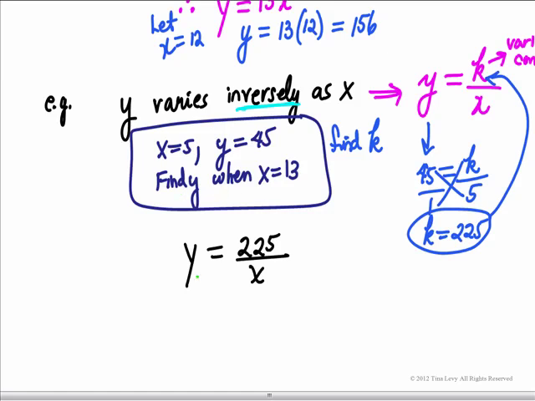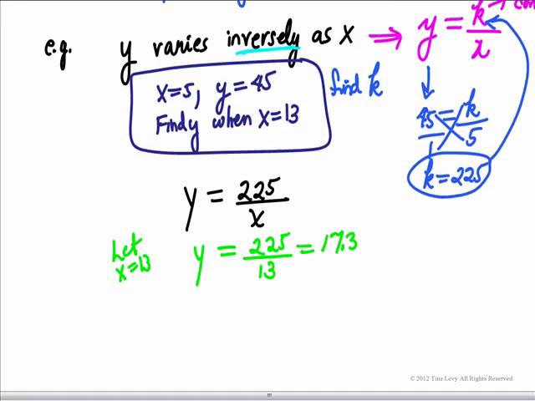Now I have to find y when x is 13, so I'm going to let x be 13, and I get y is 225 divided by 13, which is 17.3 approximately. So that would be the y value for that situation.